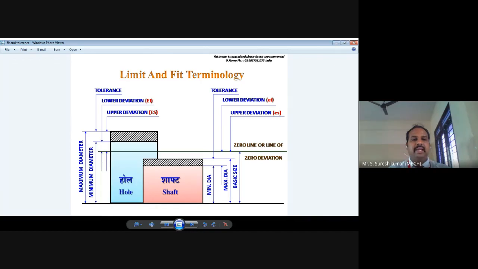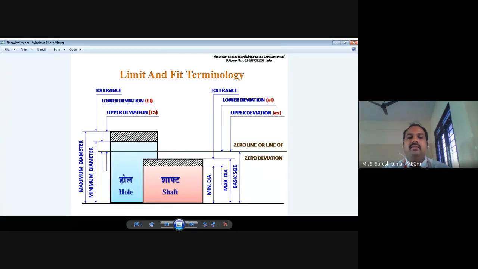So next, dimensioning of tolerances and rules. Some basic dimensioning rules are considered while designing. The first rule is the upper deviation should be written above the lower deviation value, irrespective of whether it is a shaft or a hole.